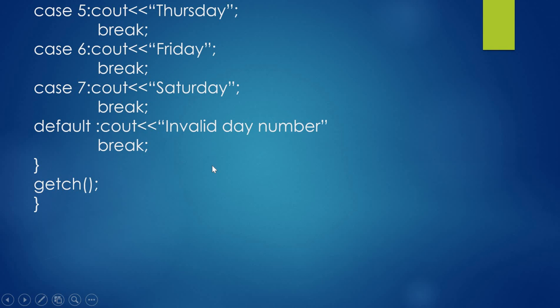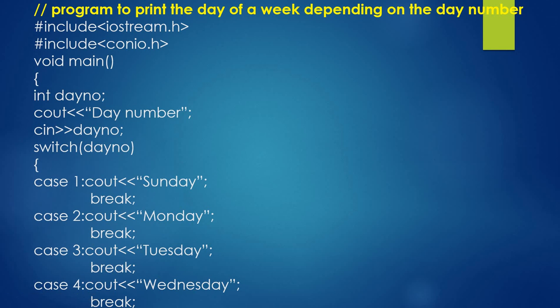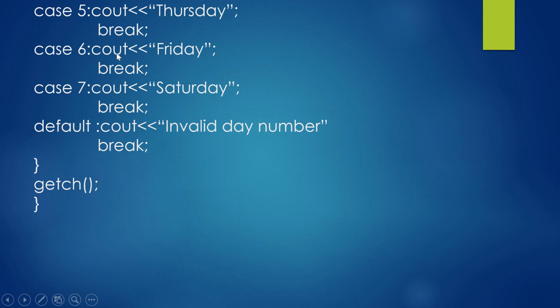See, in this example, we are inputting the number 6. Then it will come here: switch of 6 means the expression is 6, the day number is equal to 6. It won't execute these statements and will come directly to here.